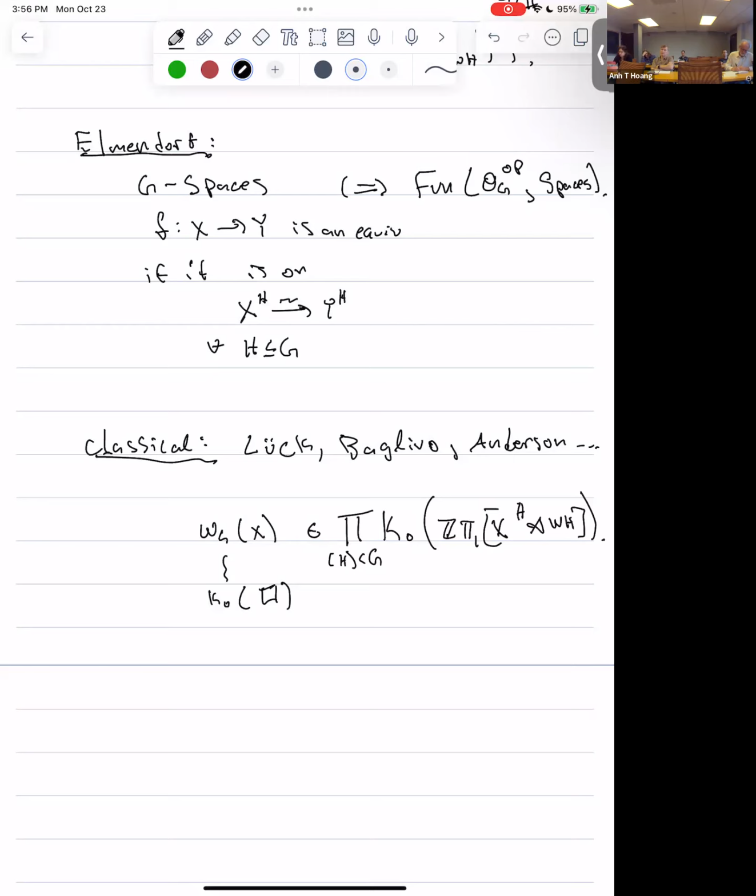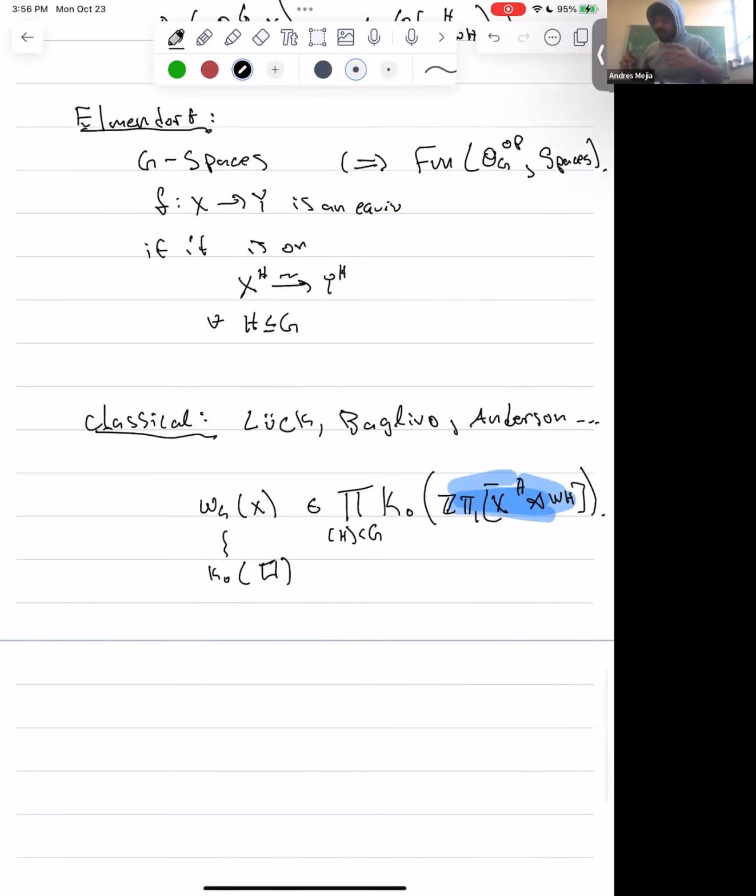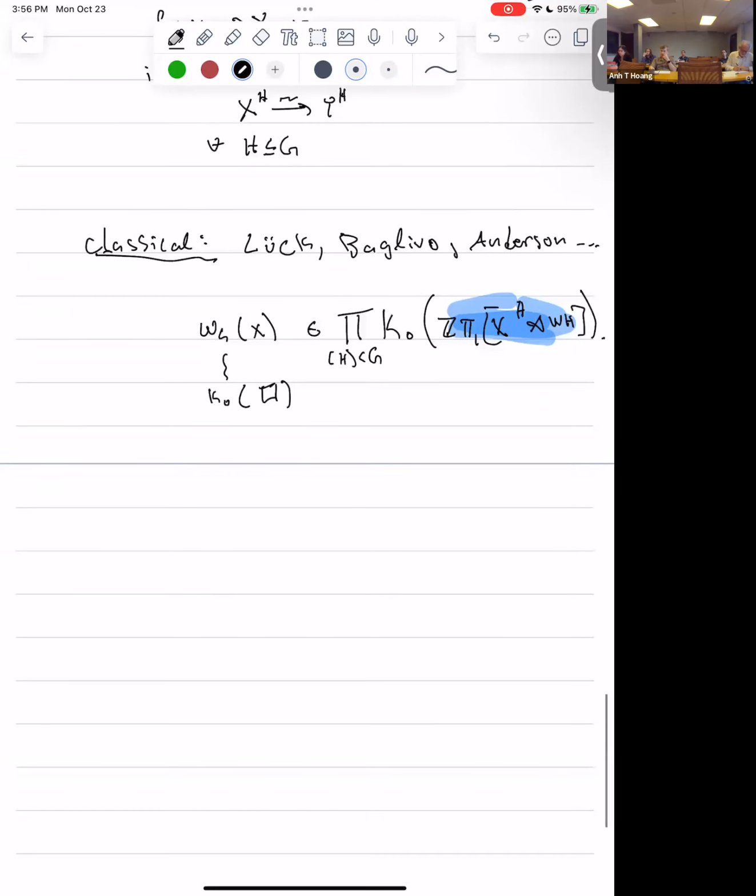And this looks awfully similar to the Tom Dieck splitting, but this term on the right doesn't have a very good interpretation, I don't think. So what we wanted to do is we just made a somewhat mild observation that we could, instead of looking at things like this, try to lift this whole story to spaces.